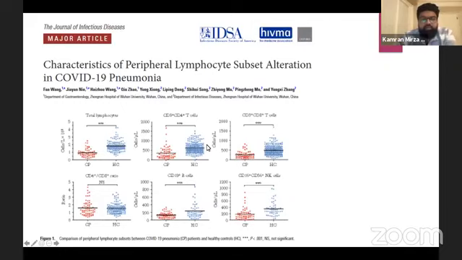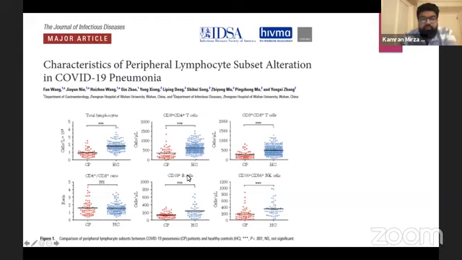This lymphopenia is also reflected in the fact that both the CD4 positive and the CD8 positive cells are higher in the normal healthy controls, and they are statistically significantly lower in the COVID pneumonia patients. The CD4 CD8 ratio in general actually does not change, but the absolute number of those cells does go down. So the CD4 CD8 ratio between these two populations is not statistically significantly different.